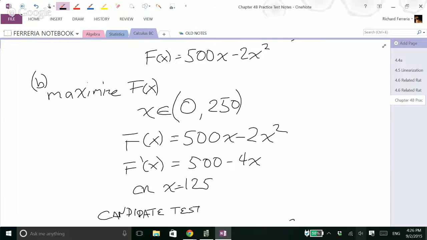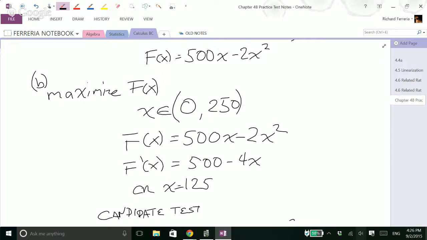So we can get a domain for x. We know that since this is an amount of fencing, x needs to be greater than 0, which is another way of saying the lower limit of x approaches 0. What about the upper limit of x? That approaches 250.